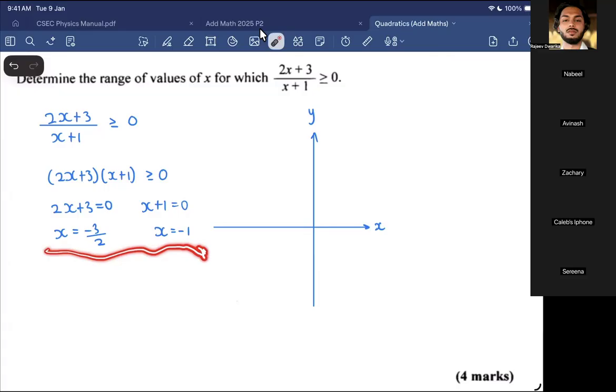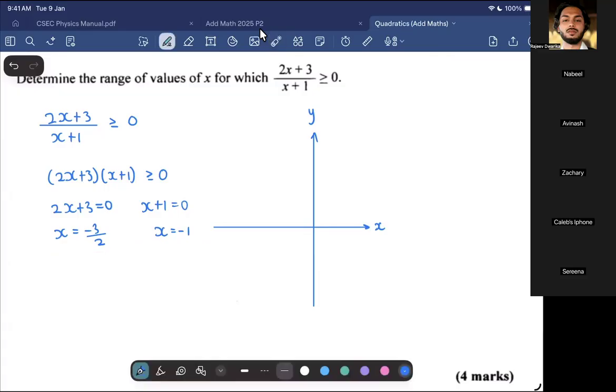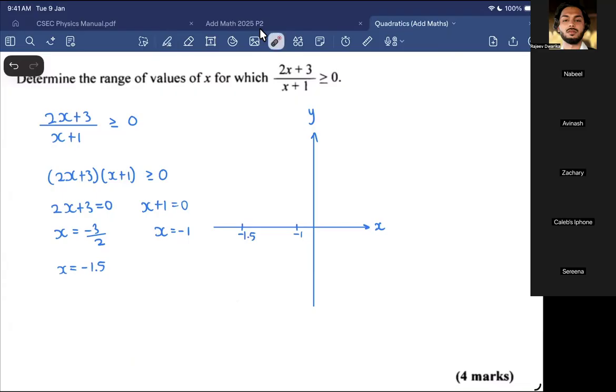Those are the roots. You see how we have minus 1 and minus 3 over 2? Minus 3 over 2 is minus 1.5. So both of my x values are negative. I'm going to put negative 1 here and negative 1.5 here. Do you understand why I'm putting negative 1.5 after the minus 1? Yes, sir.